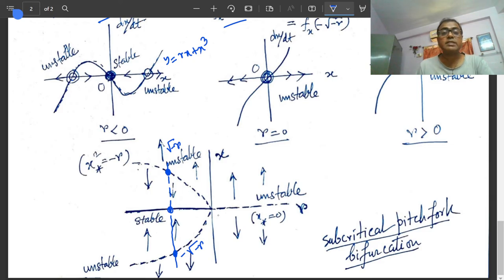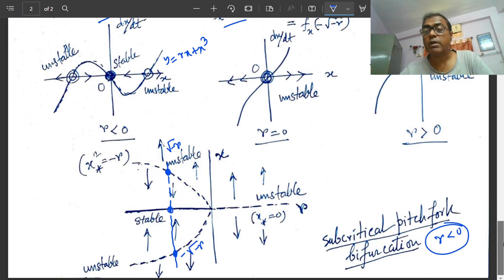So this is the subcritical pitchfork bifurcation, because this bifurcation occurs when r is negative.